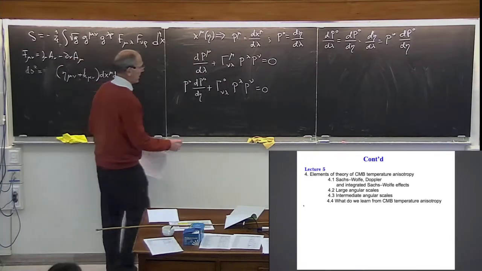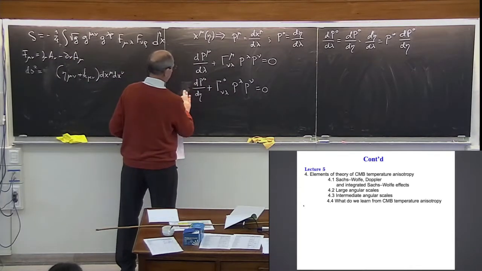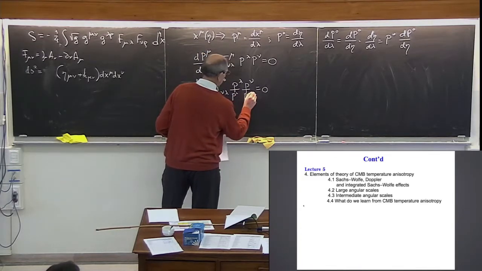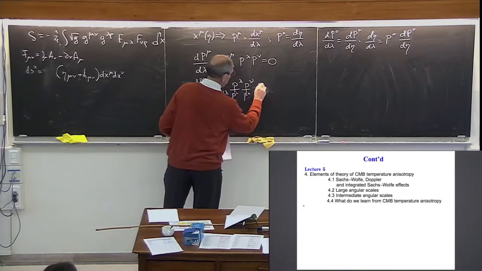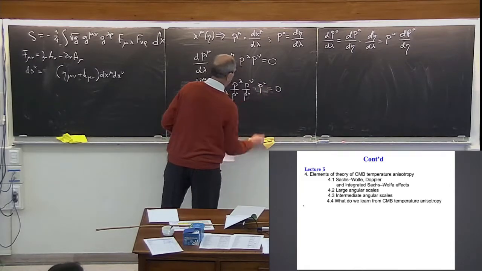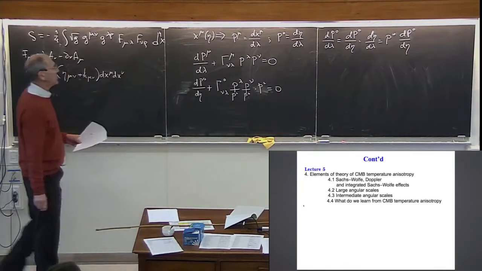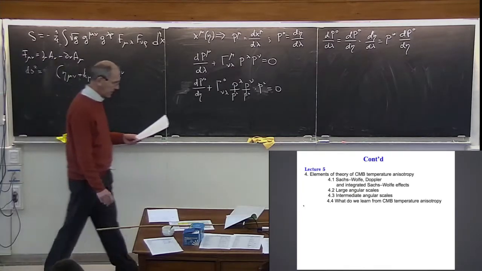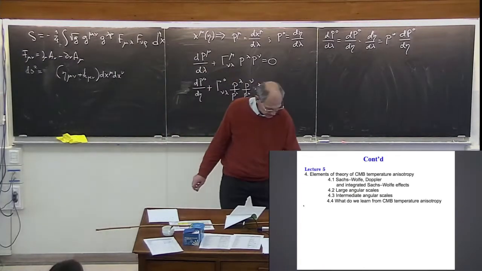Or if I divide by p^0, here I get p^0, here I get p^0, and here I get times p^0. Okay? That's my equation that tells me how photon frequency evolves in time as the photon moves through the universe.